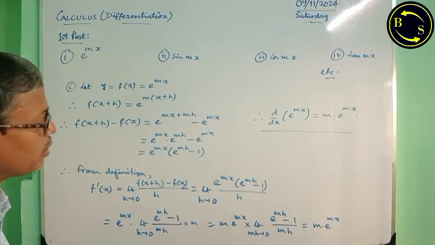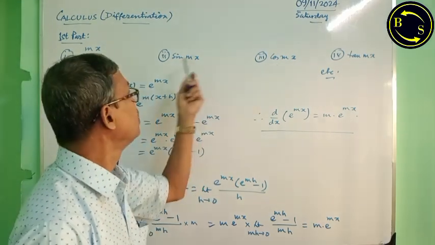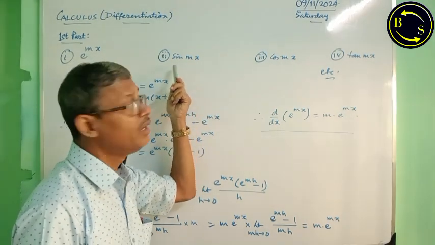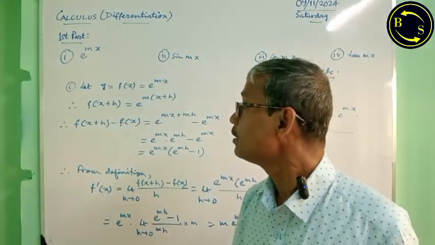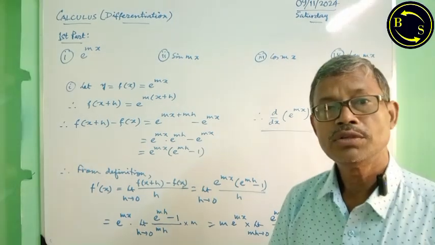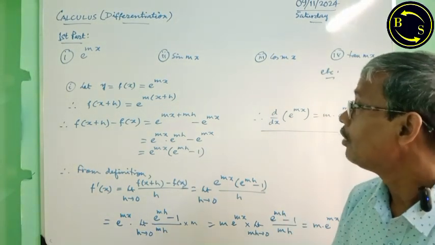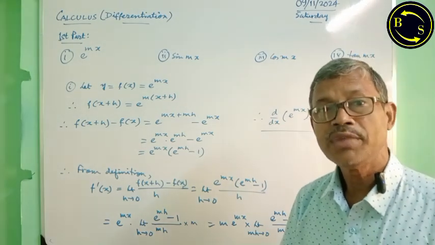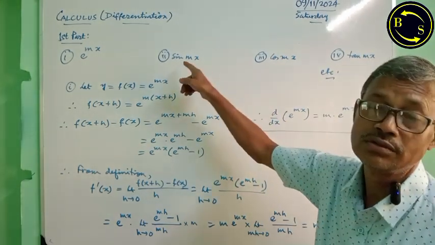Now I shall calculate the derivative of cos mx. For sin mx, you have to deduce yourself. Earlier I have found the derivative of sin x and you have to follow a similar method. Already I mentioned the mechanical way. Now I am going to find this one, not this one.